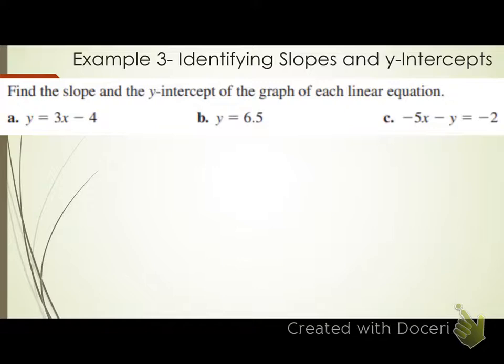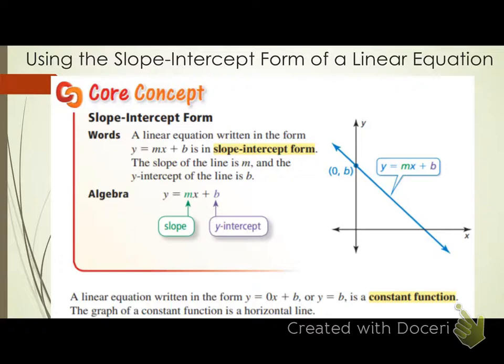So we're just going to go through these examples and identify the slope and the y-intercept of each linear equation. Once again, my slope is the number that's multiplied by my x variable. My y-intercept is my constant, so b. Okay?